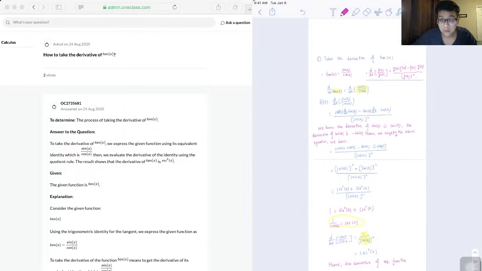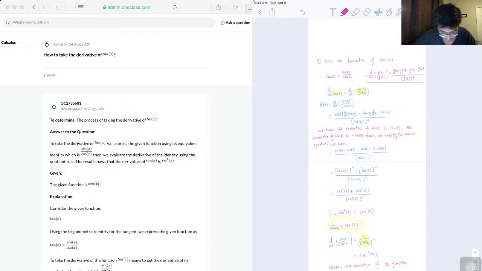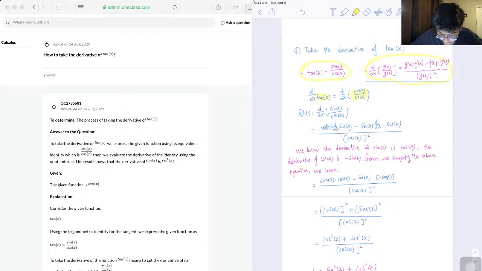So let's recap what we covered in this question. The first thing is we need to know that tangent is equal to sine x over cosine x. Then we need to apply the quotient rule, which is given by this part. And don't forget, for the denominator part, there's an exponent of 2.